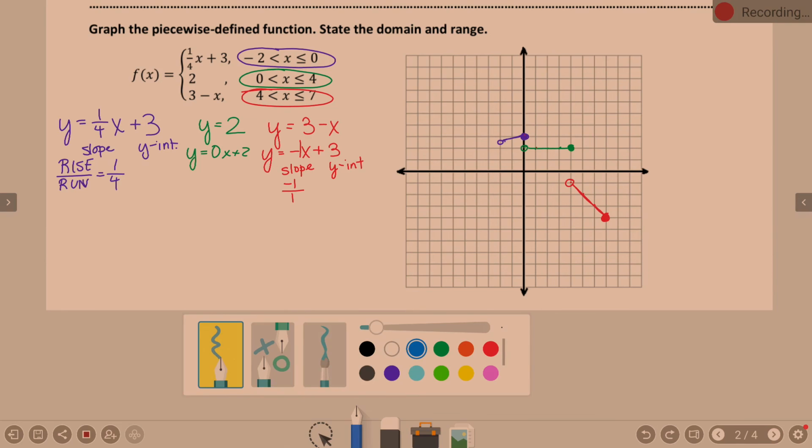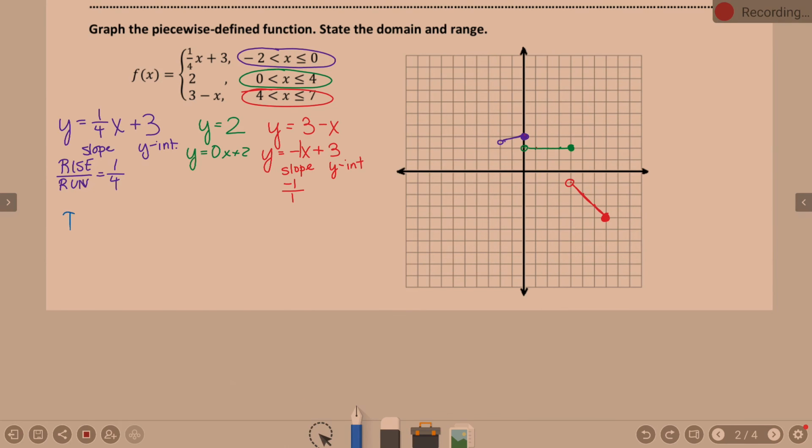Before we move on, we need to talk about domain and range. Domain being what kind of values? And range being y. Try the domain.